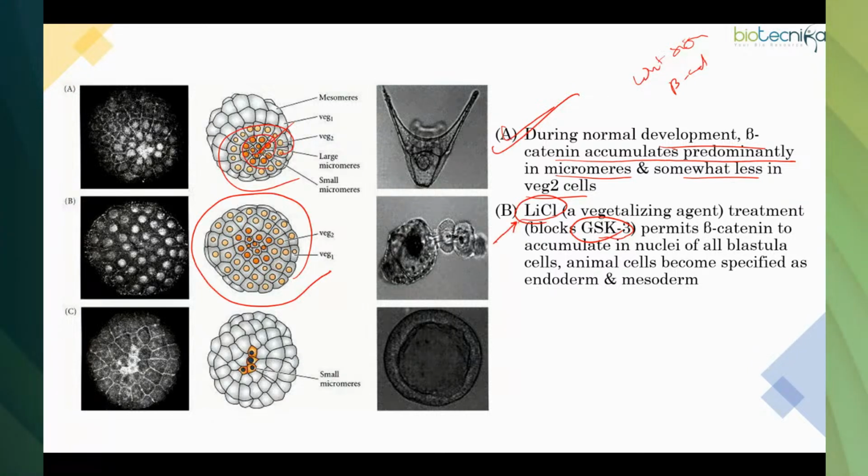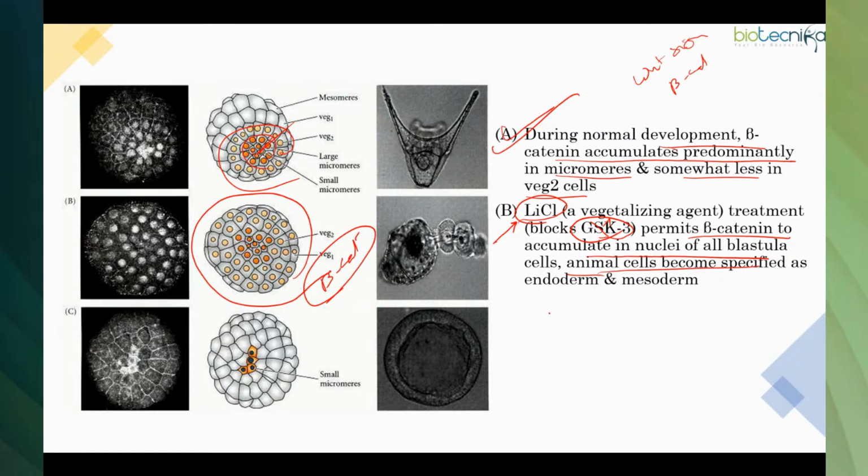So in all of its cells GSK will be blocked. That means in all the cells, beta catenin will be free. And if beta catenin is free in all the cells, it will accumulate in the nuclei of all blastula cells. Then wherever beta catenin is there, those cells will get specified into vegetal fate. Then animal cells will not be formed at all.